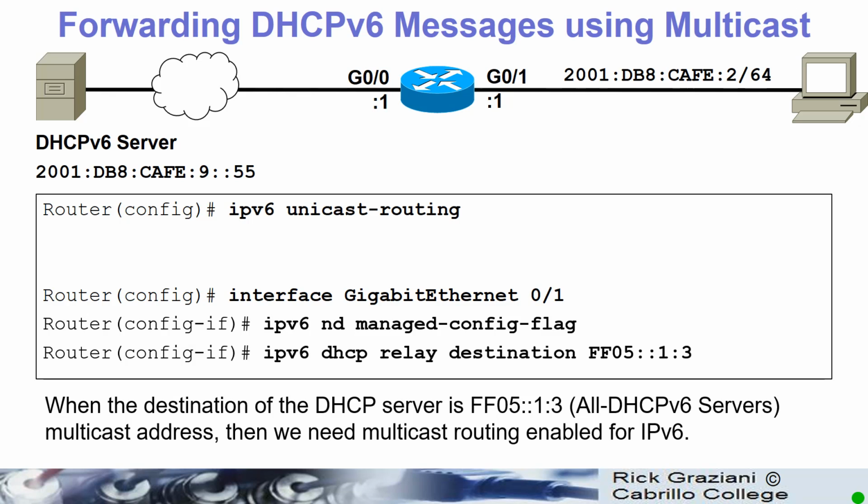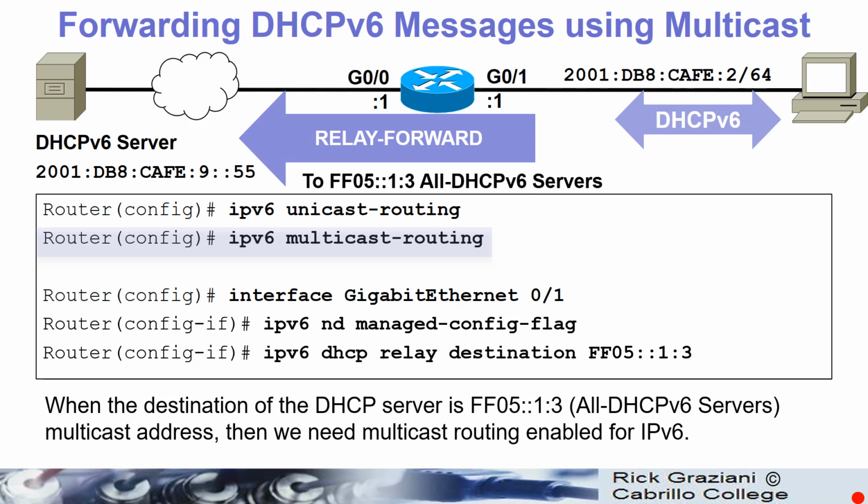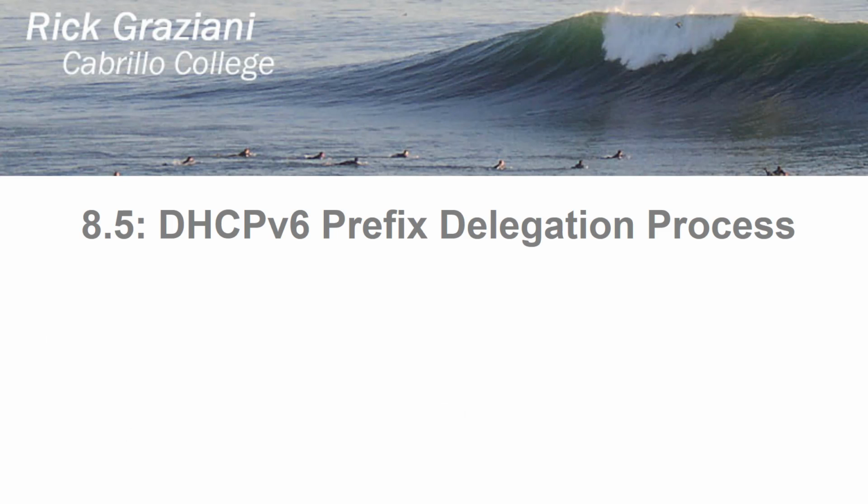When the destination of the DHCP server is a FF05, basically a multicast address to all DHCP servers, then we need the multicast routing enabled. So that's when we add an additional command, IPv6 multicast-routing, and that turns on multicast routing for IPv6. DHCP will forward it to all DHCP servers, and one will respond.